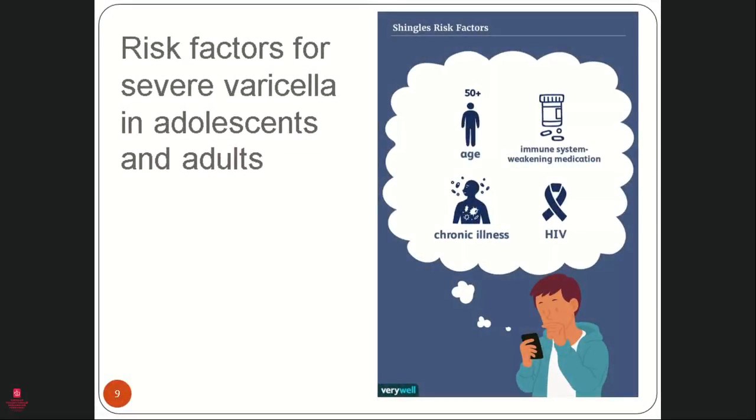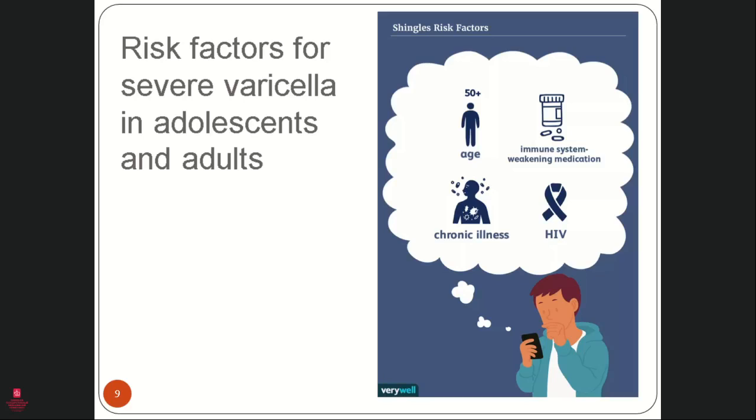Risk factors for severe varicella in adolescents and adults. Steroid therapy: high doses for 2 weeks or more are definite risk factors for severe disease. Even short-term therapy at this dose, immediately preceding or during the incubation period of varicella, can cause severe or fatal varicella.